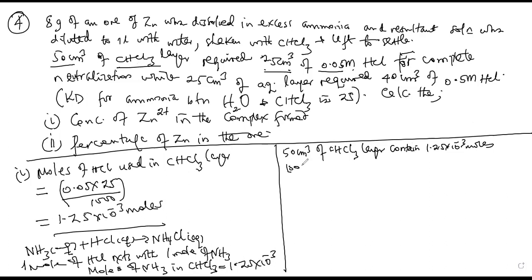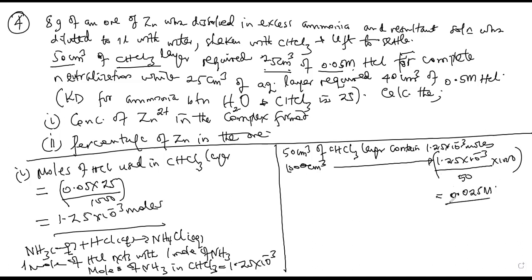Then what about 1,000? 1,000 cubic centimeters will give us the concentration: 1.25 times 10 to the power -3 out of 50 times 1,000. 50 goes into 1,000 twenty times, so 20 times 1.25 gives us 0.025 molar. This is the concentration of ammonia in the organic layer.